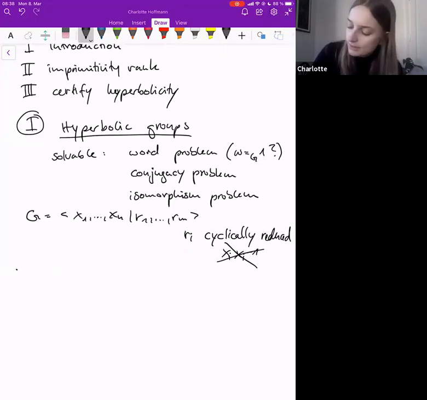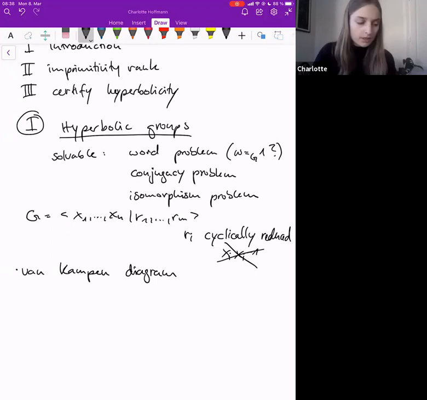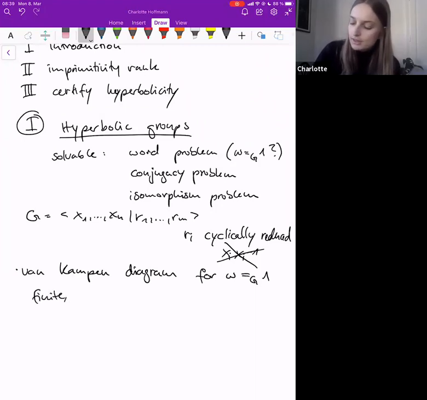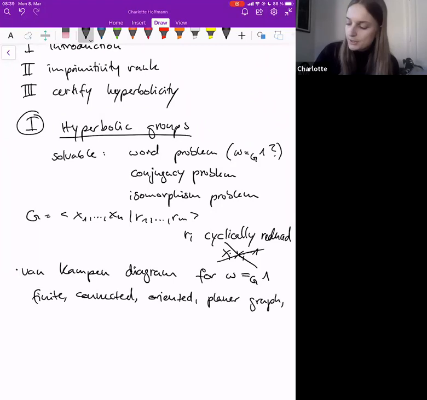And then I can define a Van Kampen diagram over this presentation. So this Van Kampen diagram is for some word W in G that represents the trivial element. And then this is a finite, connected, oriented, planar graph where all of the edges are labeled by generators.